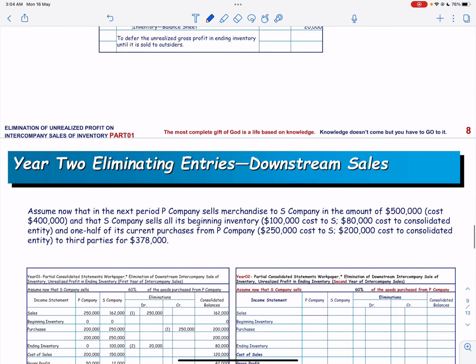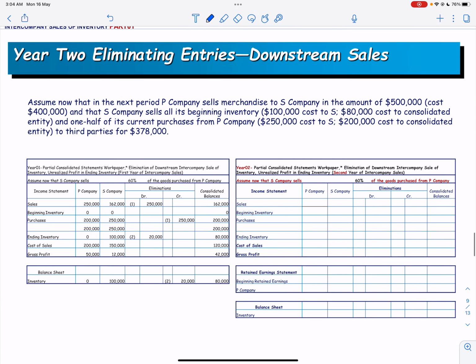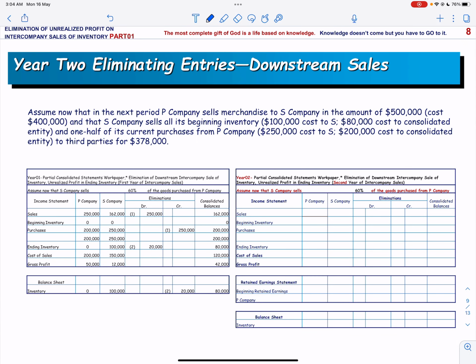Now assume that in the next period P company sells merchandise to S company in the amount of 500,000. Cost is 400,000.